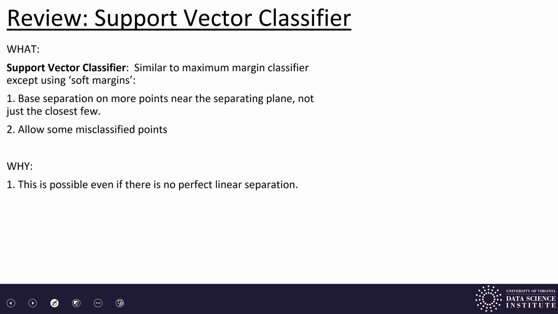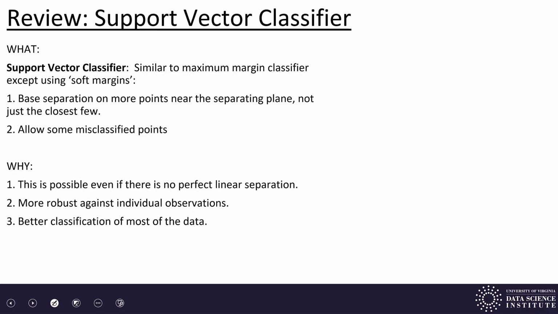This allows us to do some separation, even if there isn't a perfect linear separation. It's more robust against individual observations because the separating hyperplane is not computed just off the closest couple of points, but all those around the margins. It allows better classification of most of the data. And we talked about the parameter C, which is the most important parameter here. It controls the width of those margins.